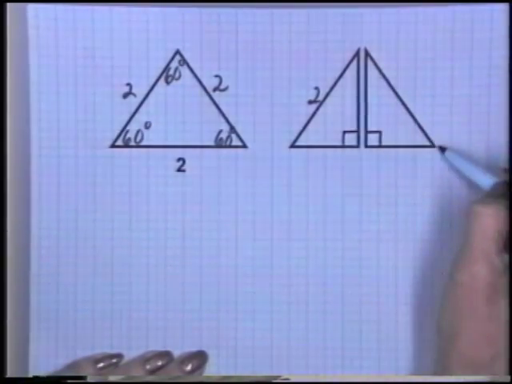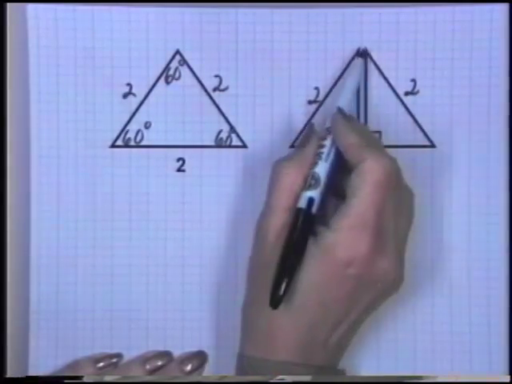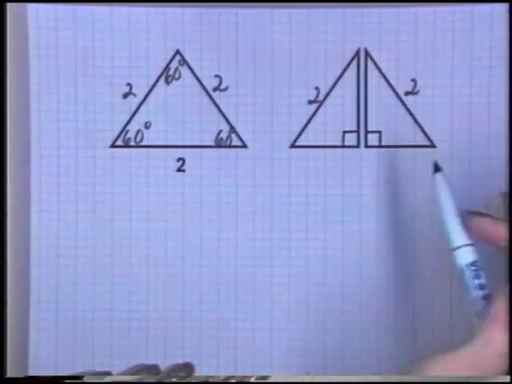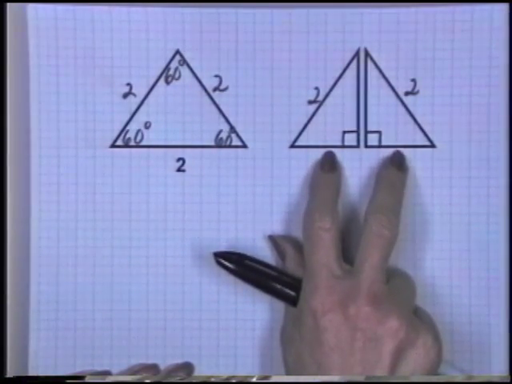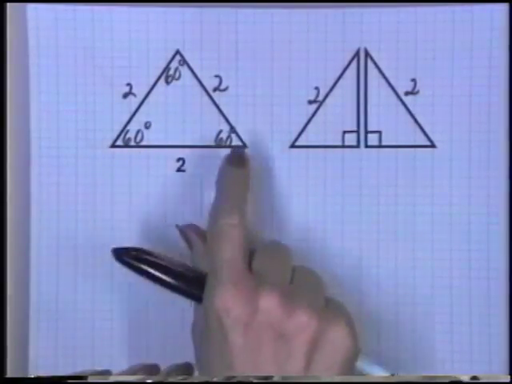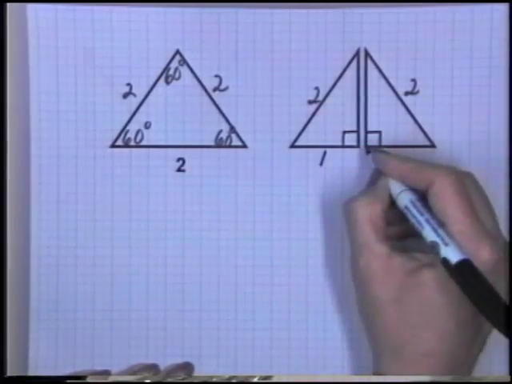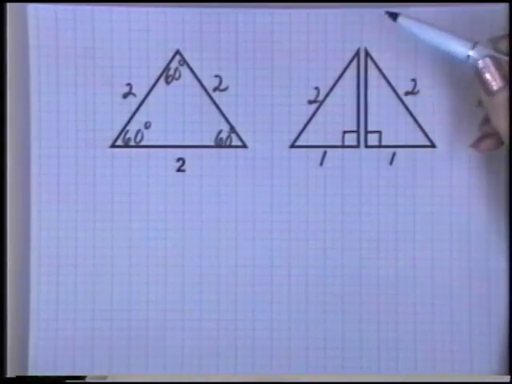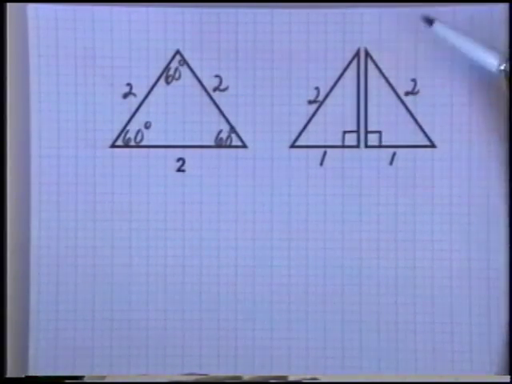And then this side is the same as this side, so it measures 2, and it is the hypotenuse for this right triangle. Let's look at the bottom legs for each of these triangles. Since I bisected this base, when I cut 2 in half, this leg equals 1 and this leg equals 1. Now what we want to do is to find the measure of this leg.